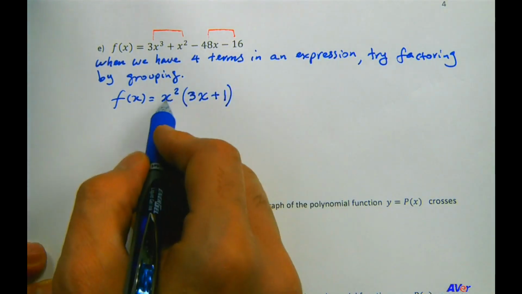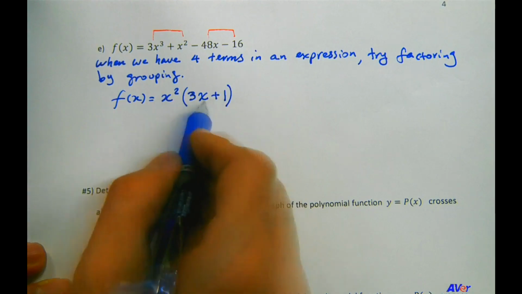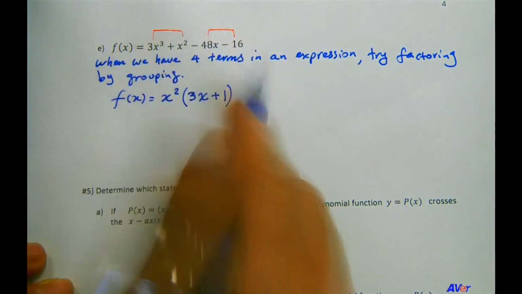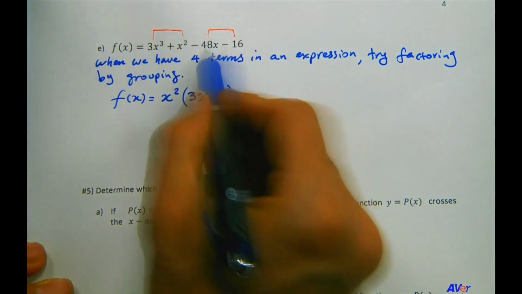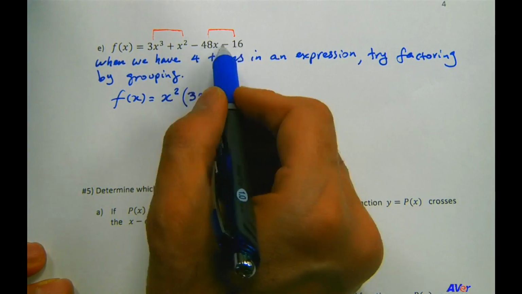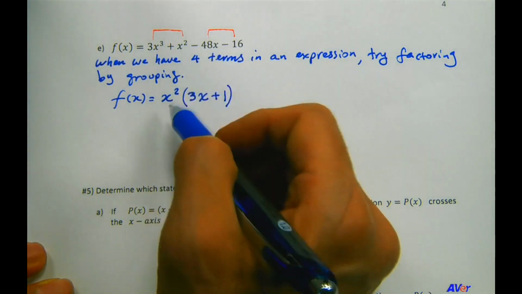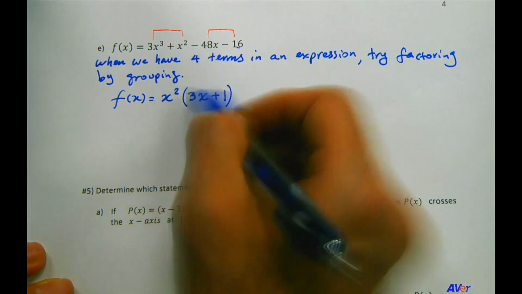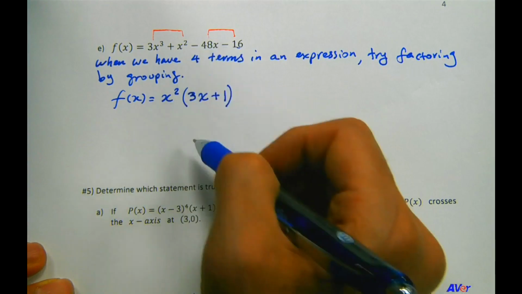So distribute the x squared into this parenthesis. Do you get that? We get that, right? So we're fine. This factoring is okay. How about this group? From this group of two terms, what would you factor out? What is the common factor in these two terms?